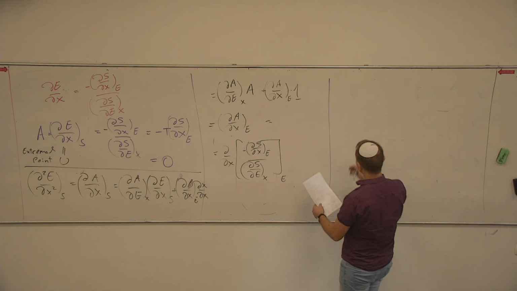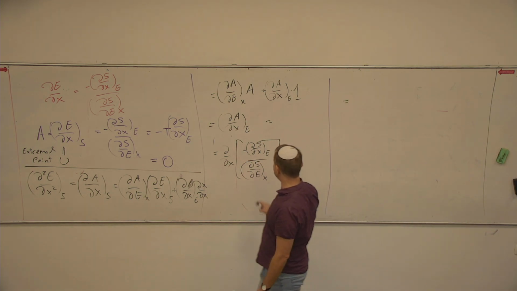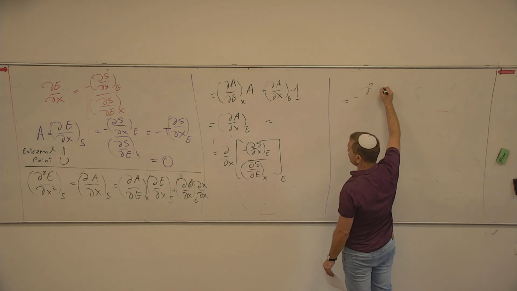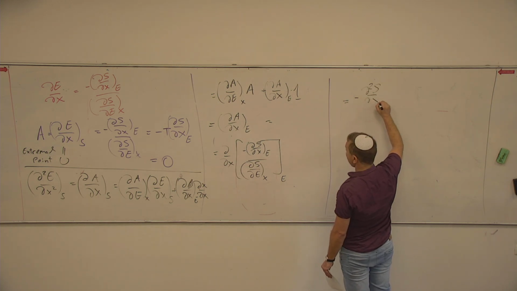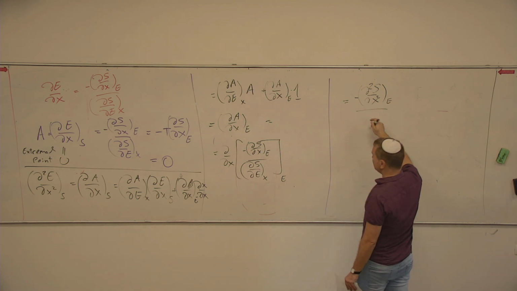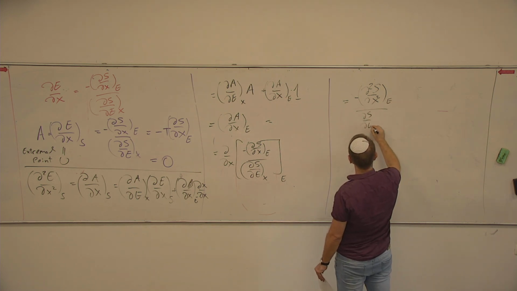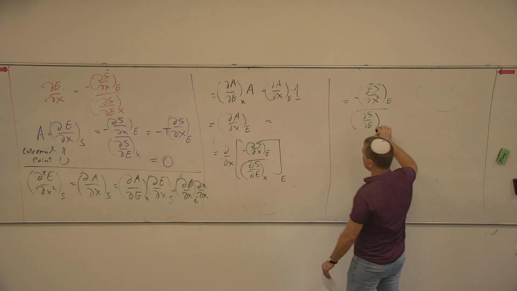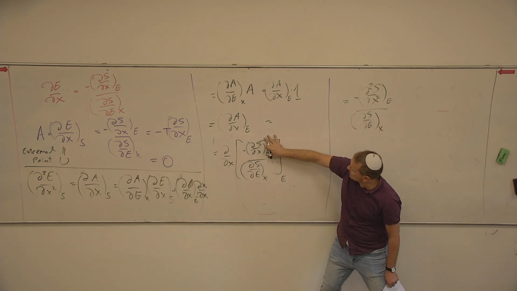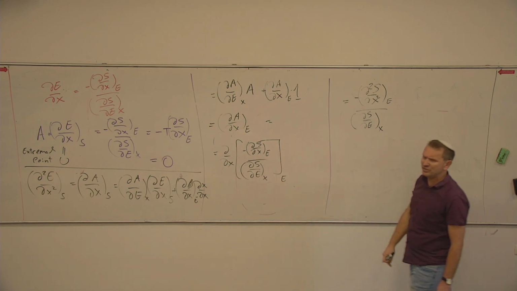So let's take the derivative of this guy. It is minus d squared S/dx squared at E divided by dS/dE at x, right? So I'm taking the derivative only of whatever is on the top of this ratio.